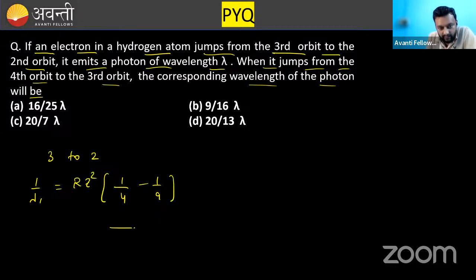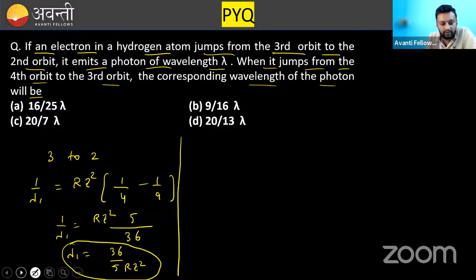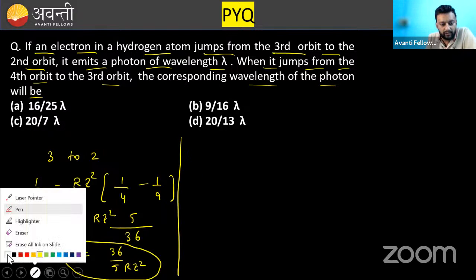If you take the LCM, it will become 36, and 9 minus 4 is 5, so 5 by 36 RZ square. That is 1 by lambda 1. Or you can say that lambda 1 will be 36 by 5 RZ square. This is lambda 1. Now let's talk about the second transition.